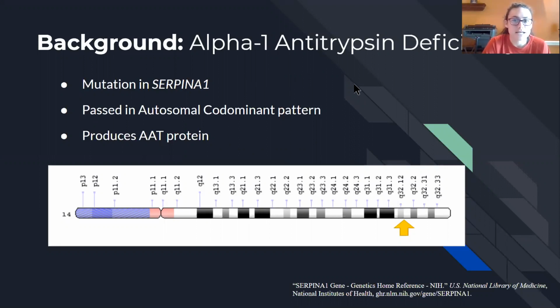Neutrophil elastase is an enzyme that normally breaks down elastin in the lungs, so we want AAT there to prevent excess breakdown of elastin. The gene is located on the long arm of chromosome 14, as you can see in the image, at position 32.13.